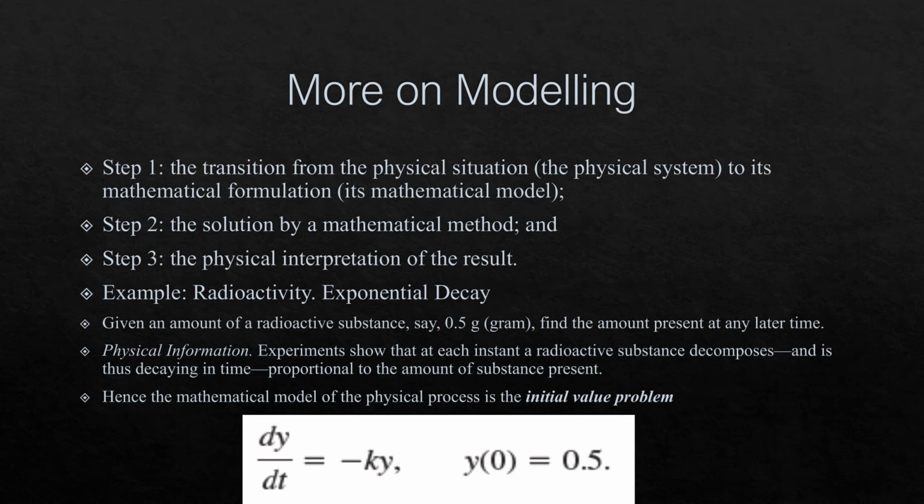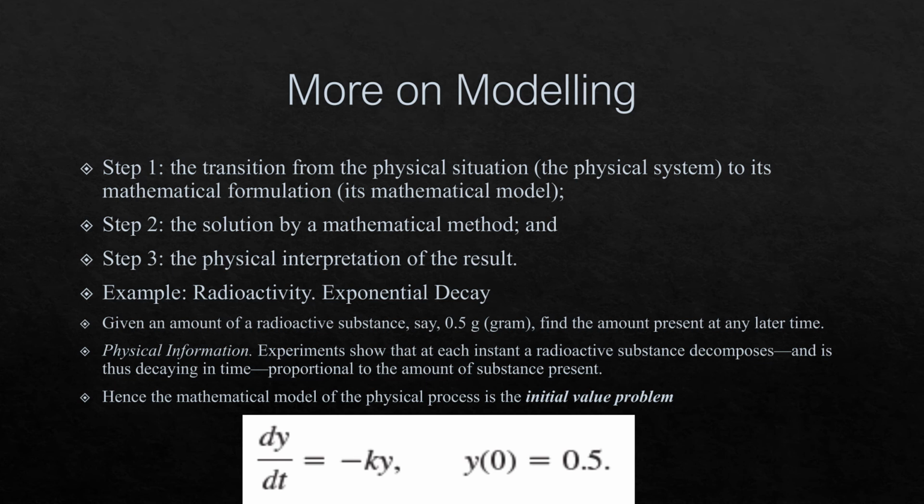So for example, we are given an amount of radioactive substance, say 0.5 grams, and we have to find the amount present at any later time, as it is decaying in time. From physical experiment we know that the decay of the radioactive substance is proportional to the substance present.